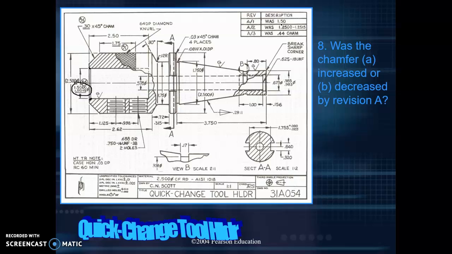And if we look at this, actually, no, that's just telling us the diameter of the hole. That's not changing that chamfer. It looks like A3 changed the chamfer. Where is A3? Here we go, right up here. So we're talking about this big chamfer. This is the one that got changed by revision A3. 0.30 is what it is now. It used to be 0.44, so obviously it got smaller.